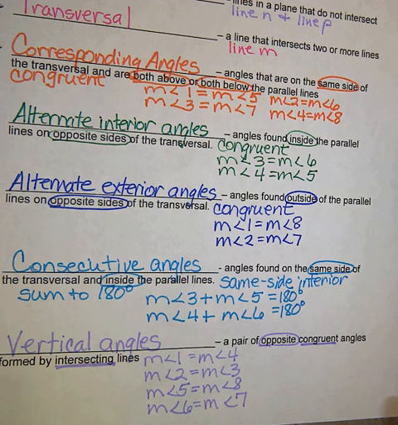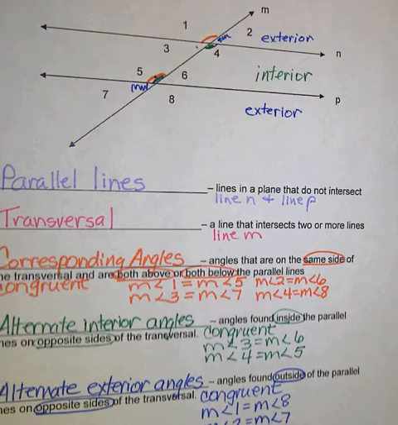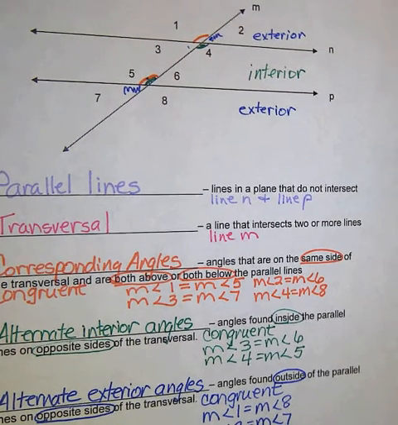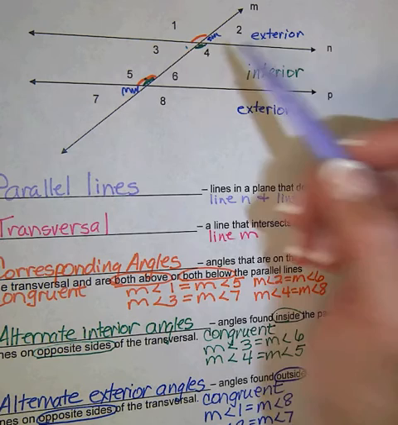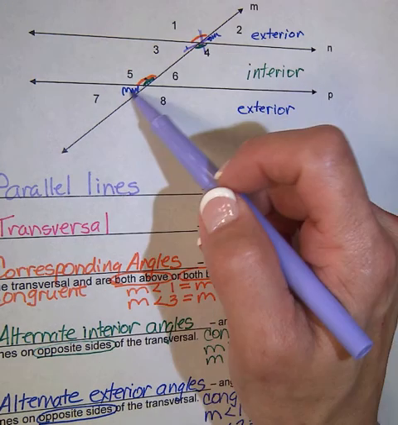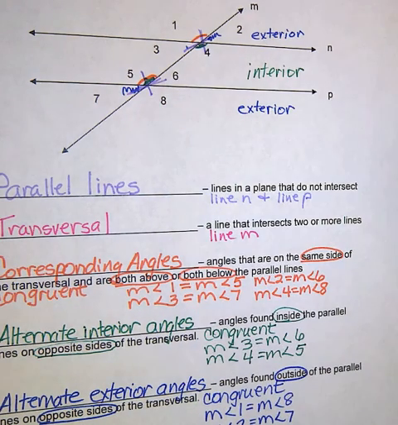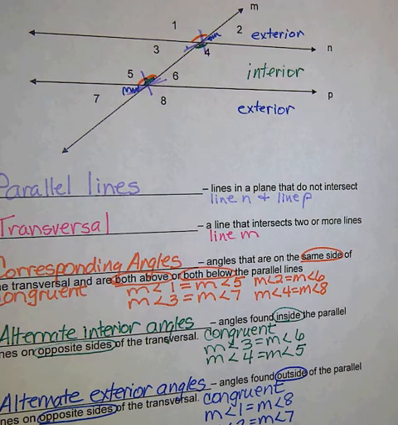So when we look back at our diagram, your vertical angles are 2 and 3, 1 and 4, 6 and 7, 5 and 8. Those are your vertical angles, and those are also congruent.